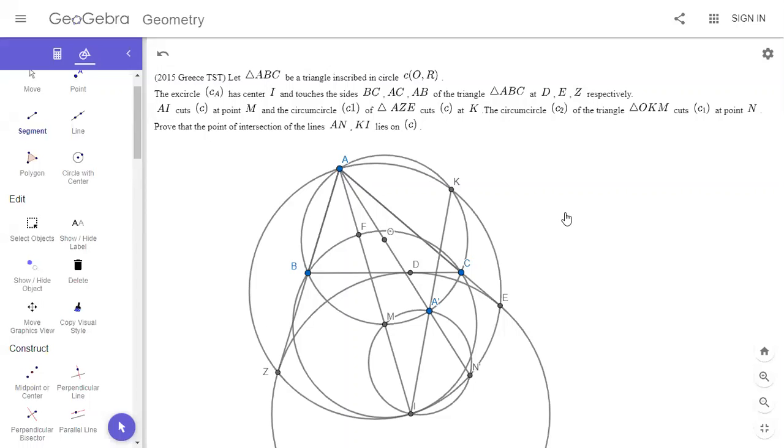So we want to show OMKN prime is cyclic, and we're trying to do that by showing M. Okay, I think I see what you're saying.